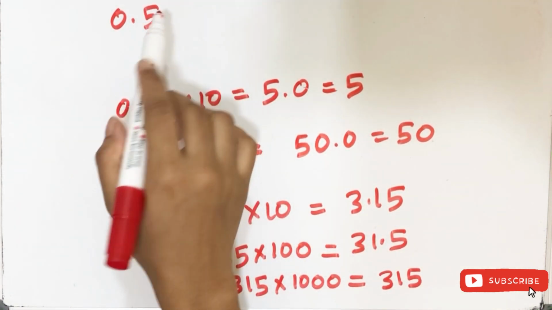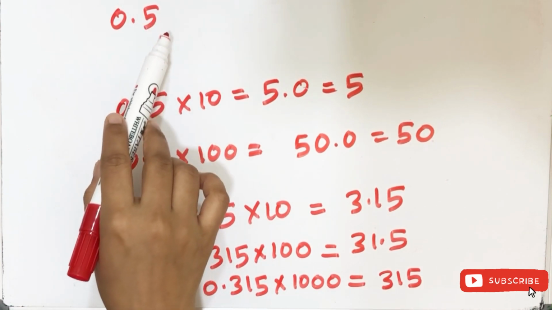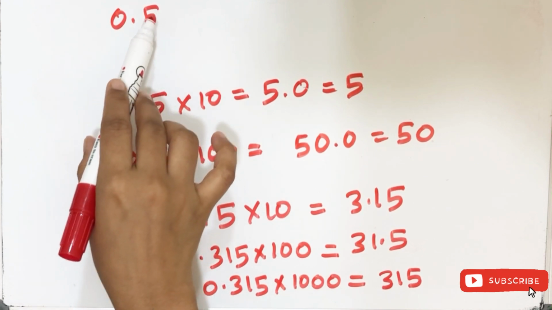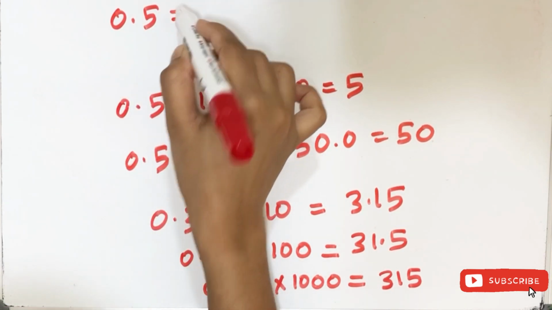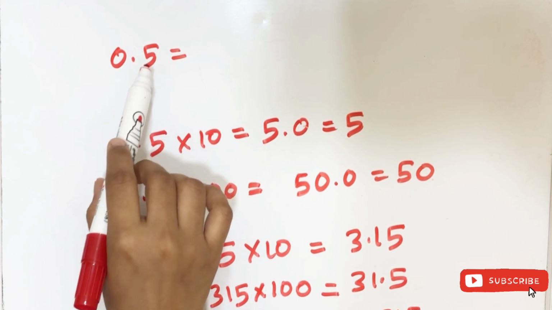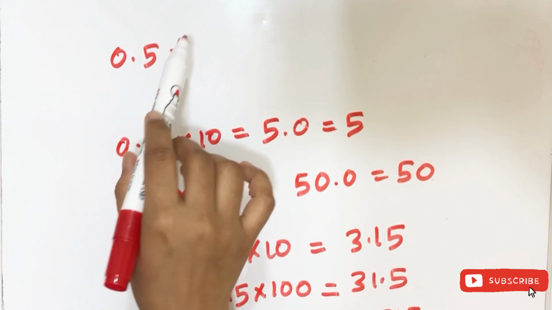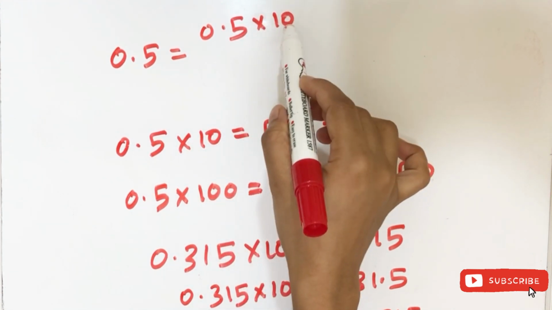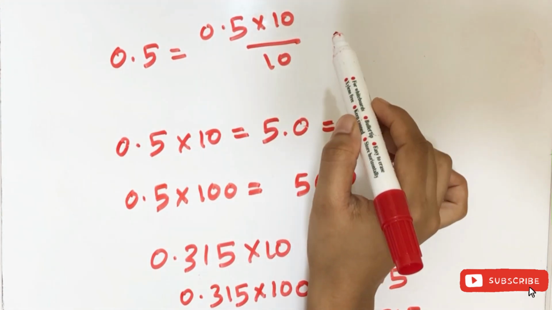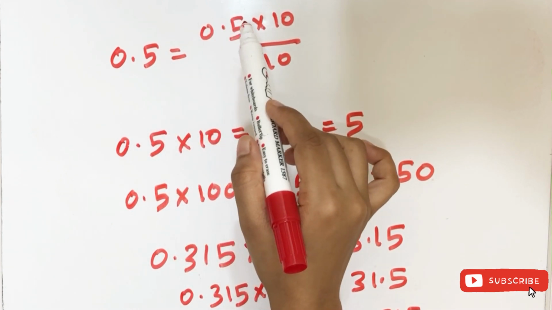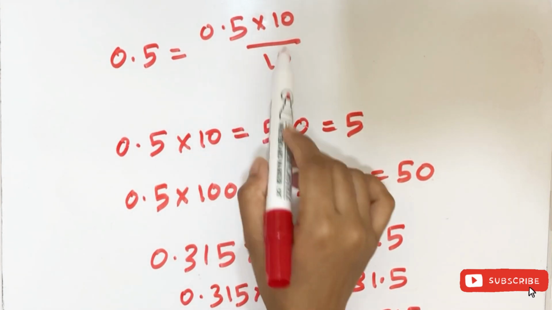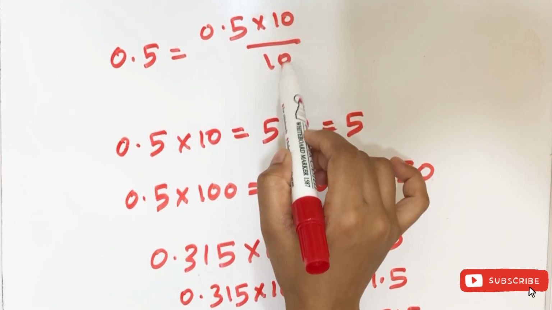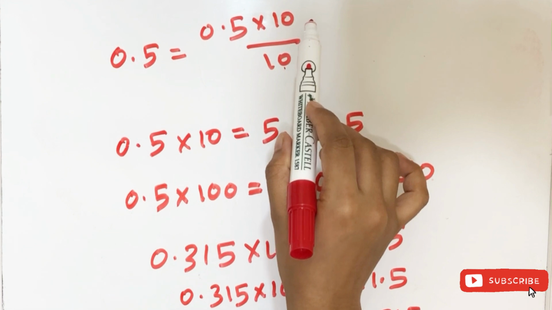So to write it in the numerator by denominator form, we can cancel the decimal point by multiplying by 10. Here after the decimal point there is only one digit, so it's enough to multiply by 10. 0.5 times 10, then divide by 10. If I only multiply a number by 10, that number will change. So we multiply by 10 over 10. 10 over 10 is 1, so 0.5 is multiplied by 1.